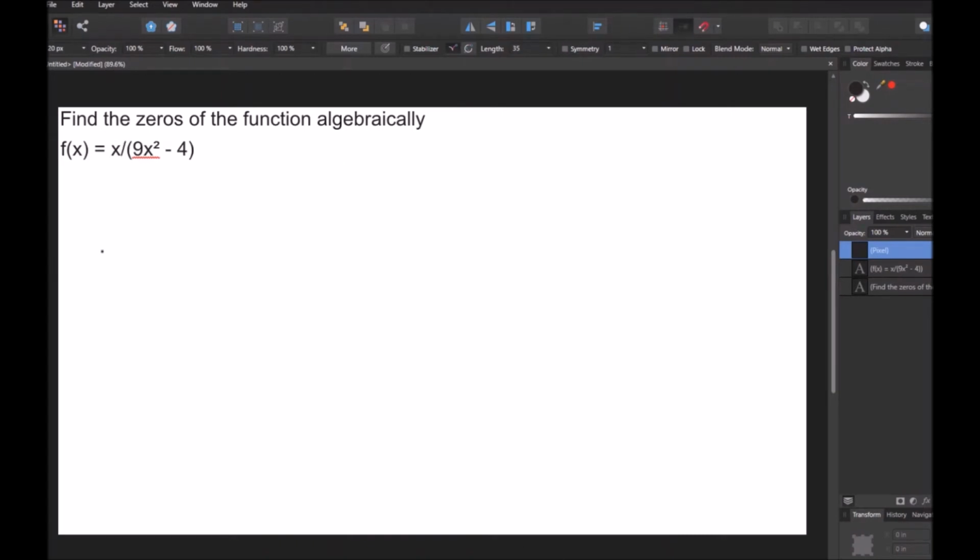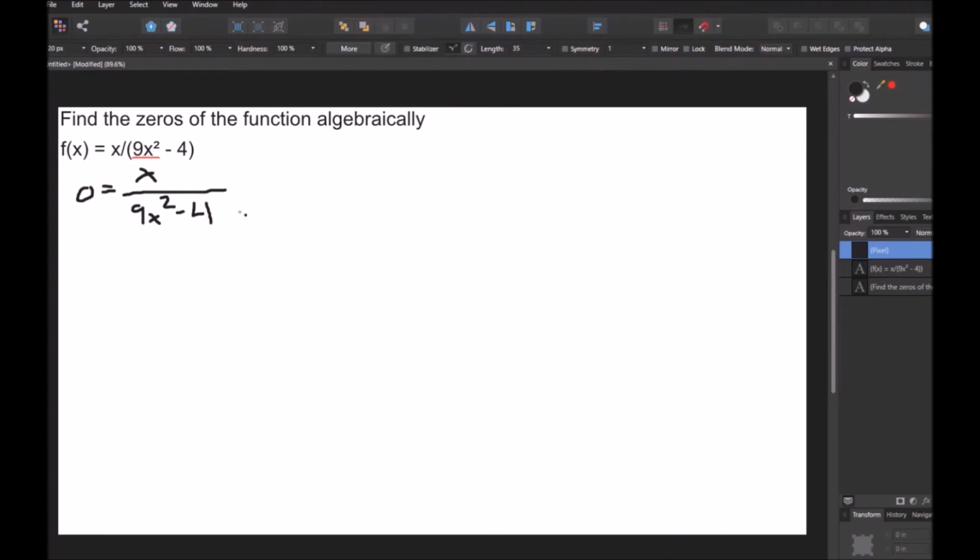Okay, so in this next question we're asked to do the exact same thing, but this time our function is x over 9x squared minus 4, and 9x squared minus 4 is in the denominator. So I'm going to rewrite this as 0 equals x over 9x squared minus 4.